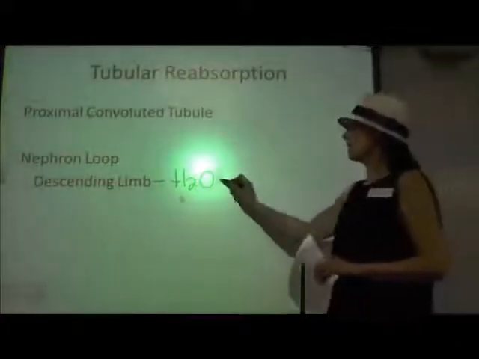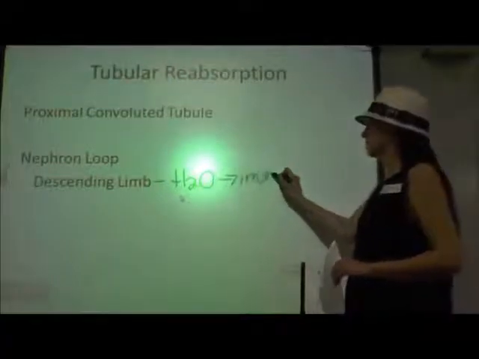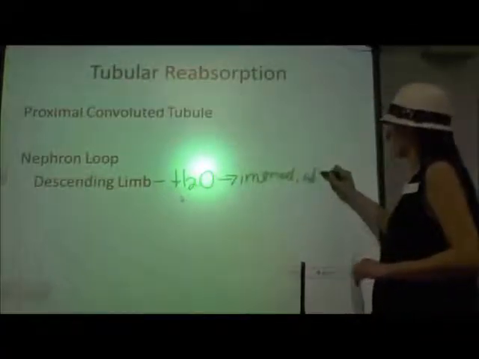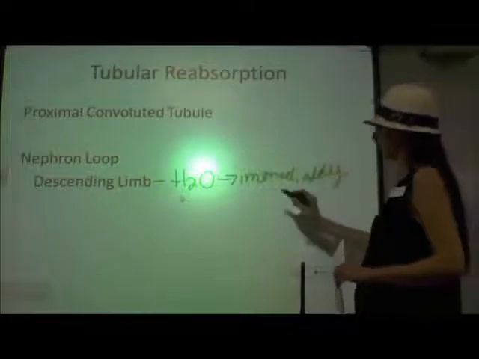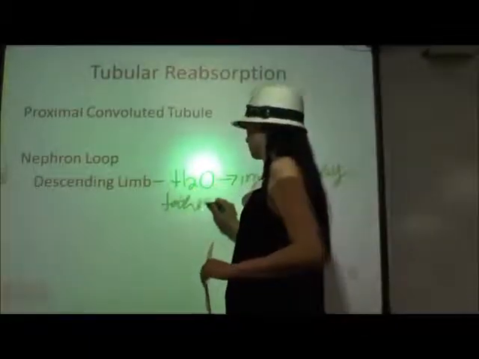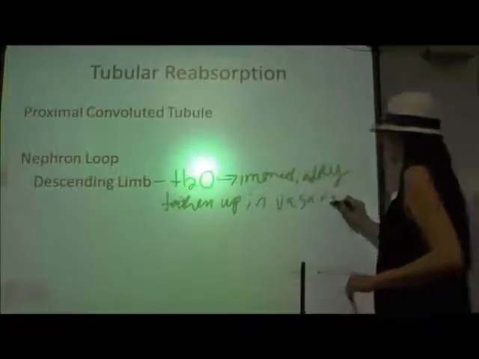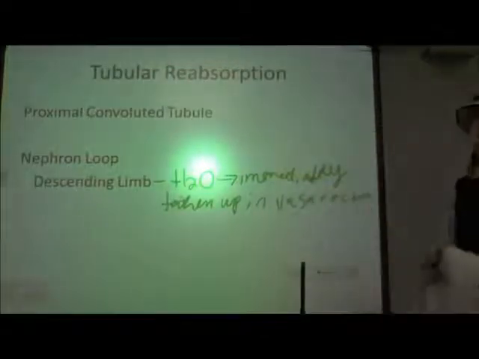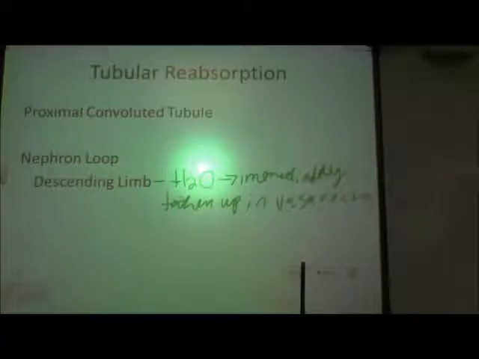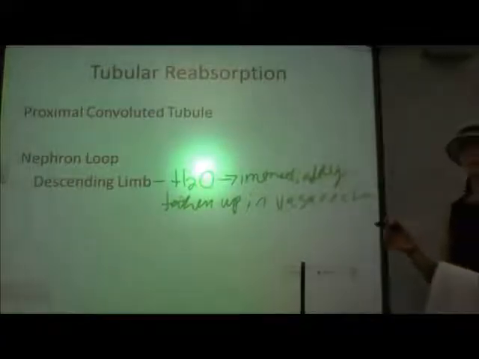And this is immediately taken up in the vasa recta. And that's important because it's not going to allow for our interstitial fluid to be dilute.